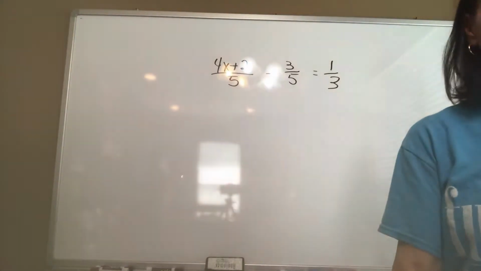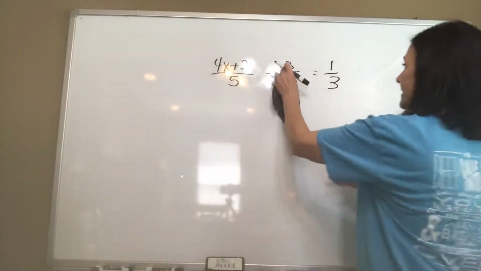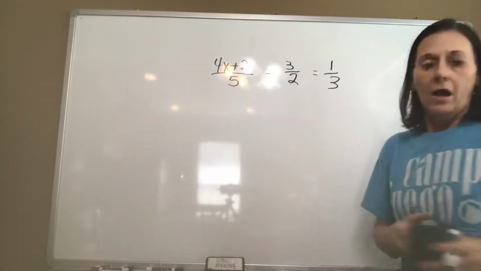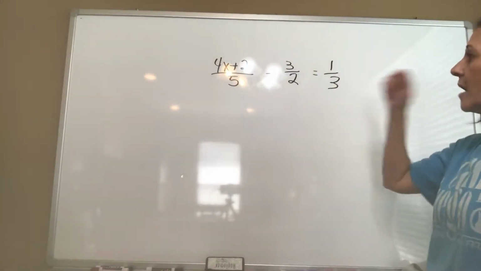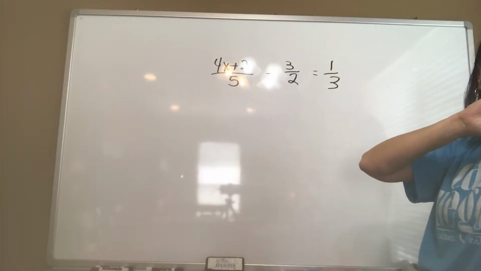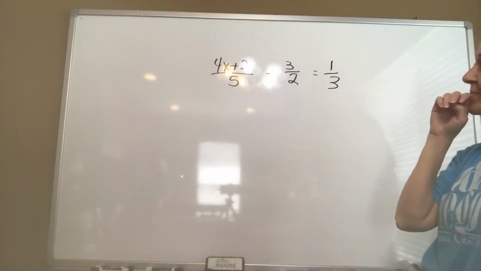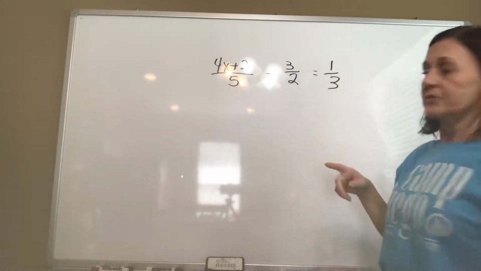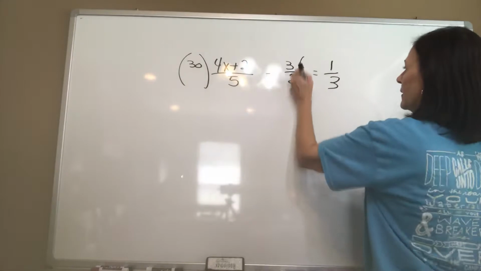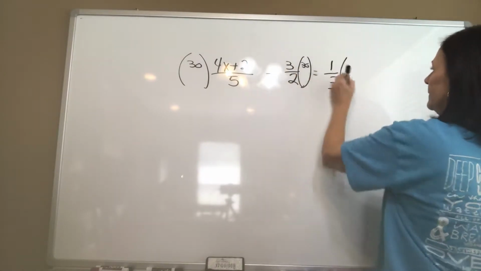Okay, 3/2, and I wrote 3/5. I said 3/2 and I wrote 3/5. All right, what would be the common denominator between 5, 2, and 3? 30. So that's what we're going to multiply every term by. 30, 30, and 30.